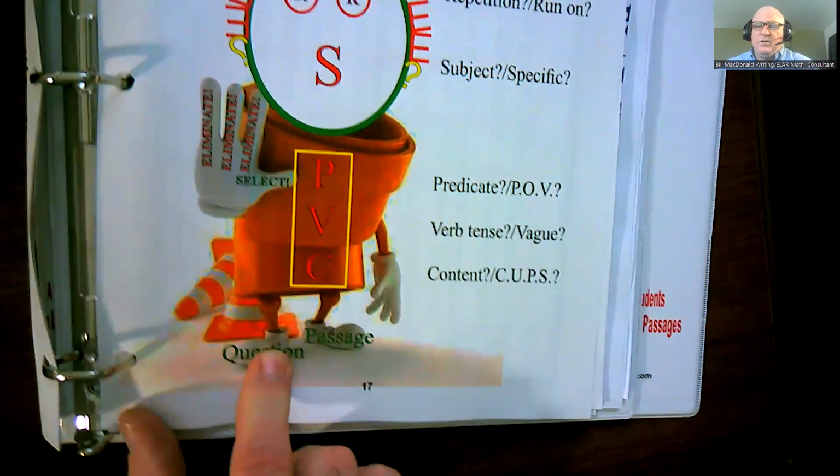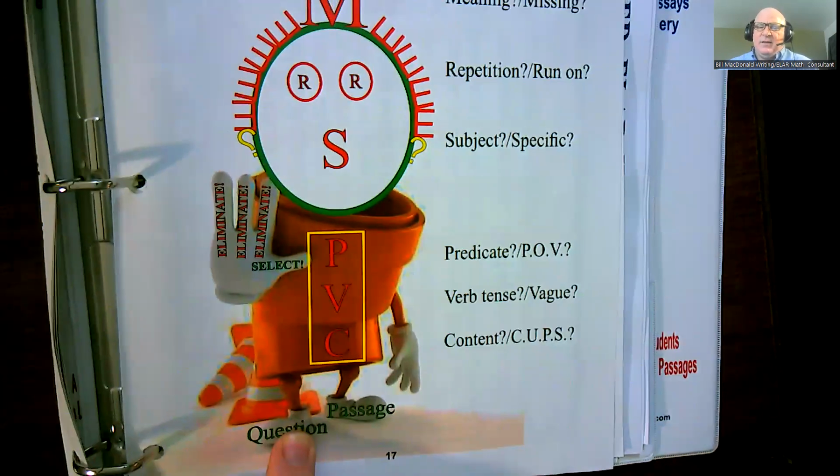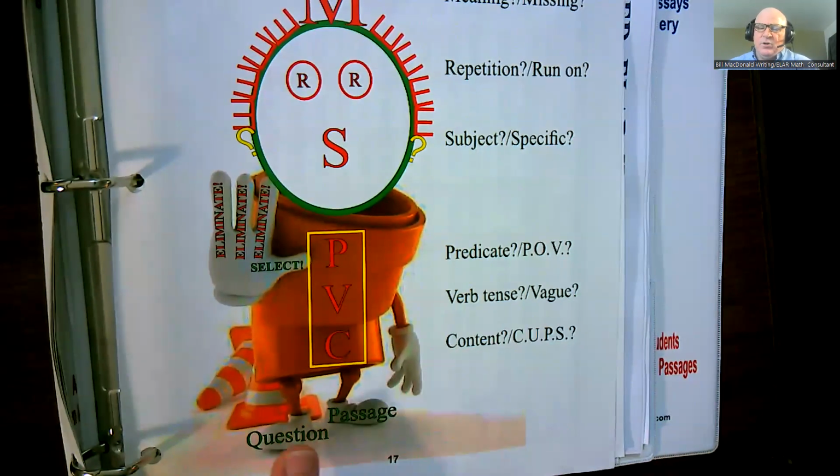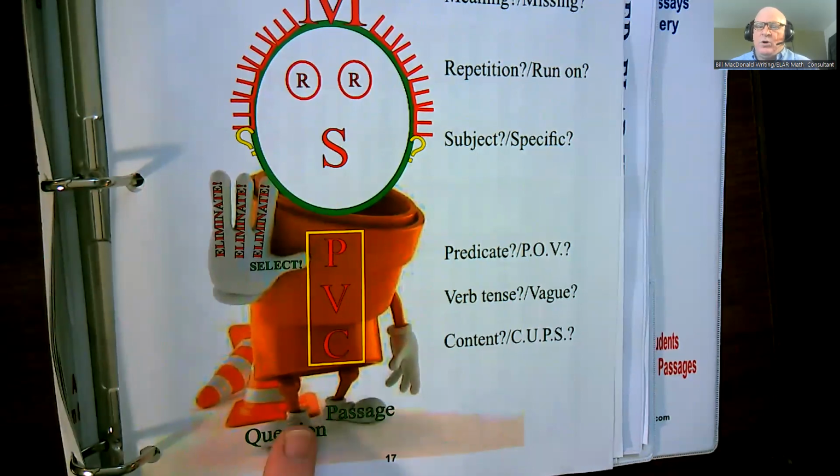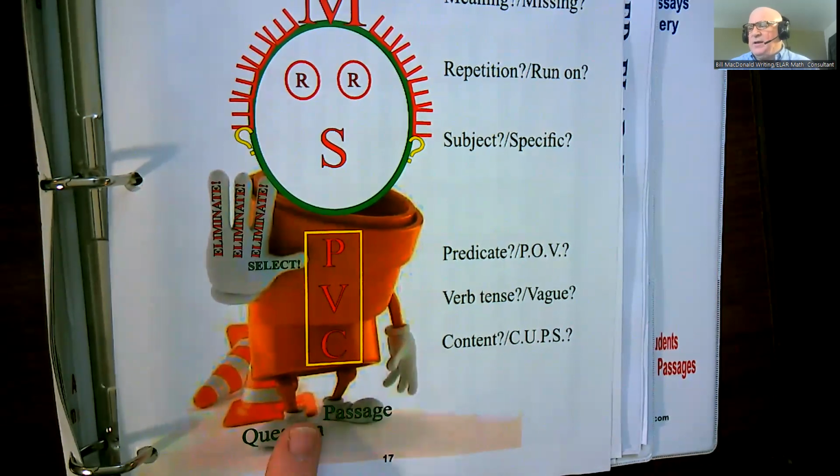And so people will ask me, do I read the passage first or the question? Well, because we noticed in the last video that some questions are only about a word or a phrase or a line.